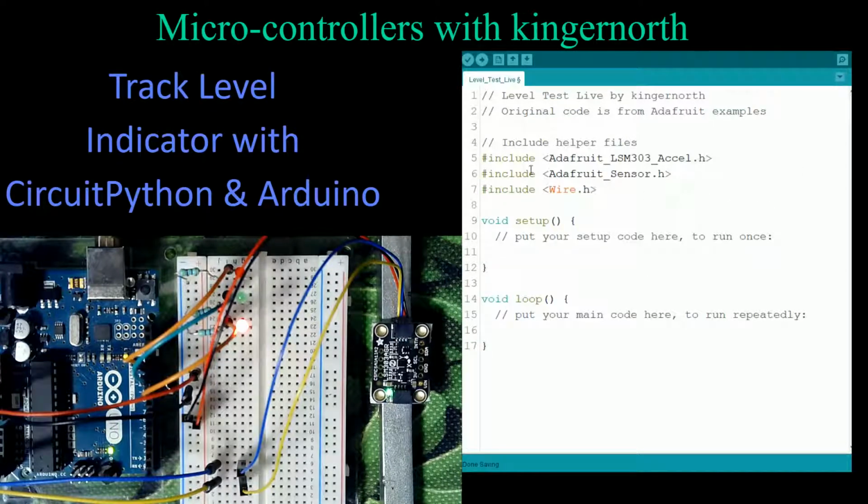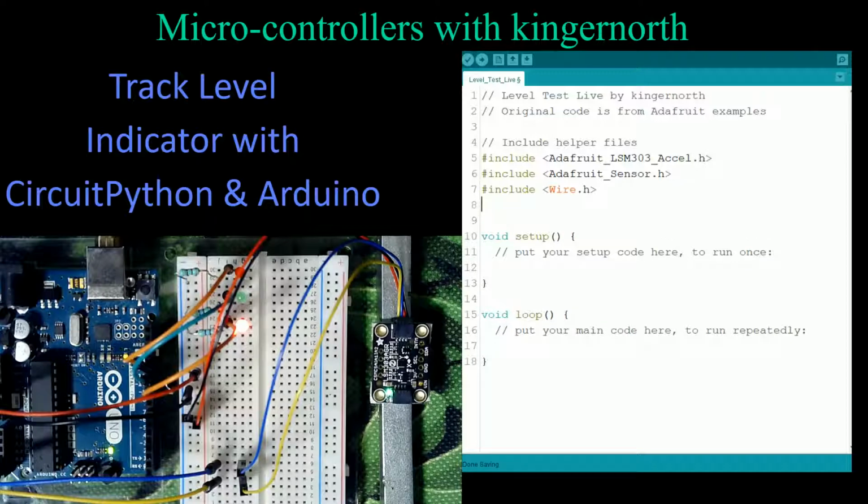And I'm going to tell you that right here, this is one of the things I found out is I need the Adafruit LSM303 Accel.h, because that's the actual chip that's on that board. So that tells it how to do it, and then Adafruit Sensor is part of their communication package. So it uses these 2 helper files to fully talk to that board. And then Wire.h is nothing more than my I2C communication setup. So that's going to be what I need to do.